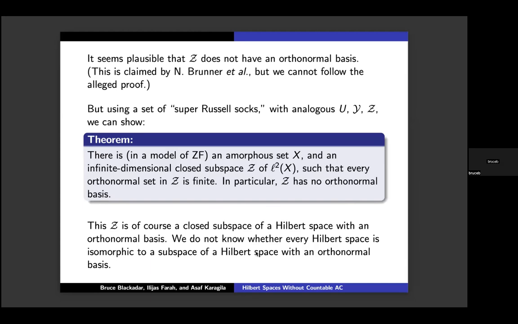And in fact, it's the opposite extreme. Every orthonormal set in Z is finite. So there's an example of an infinite dimensional Hilbert space in which every orthonormal set is finite, and there's no orthonormal basis.